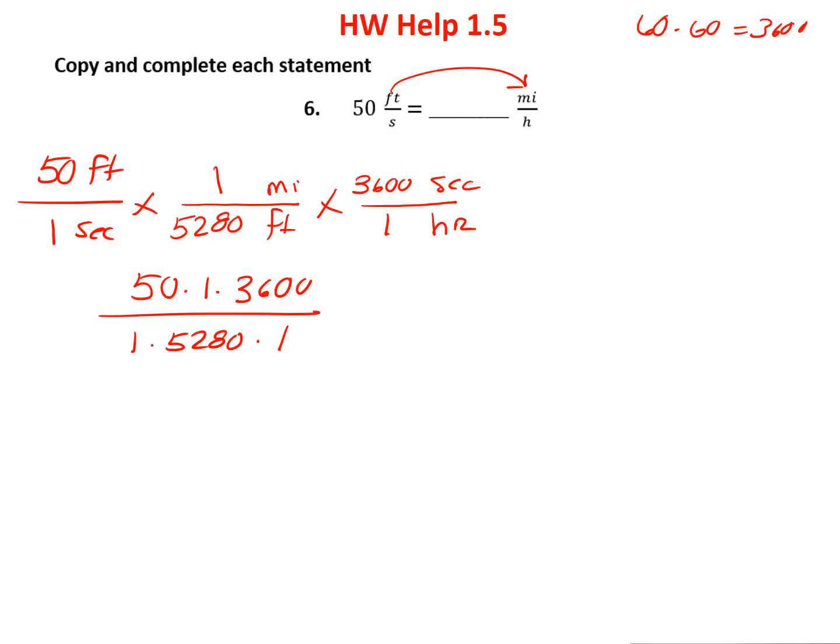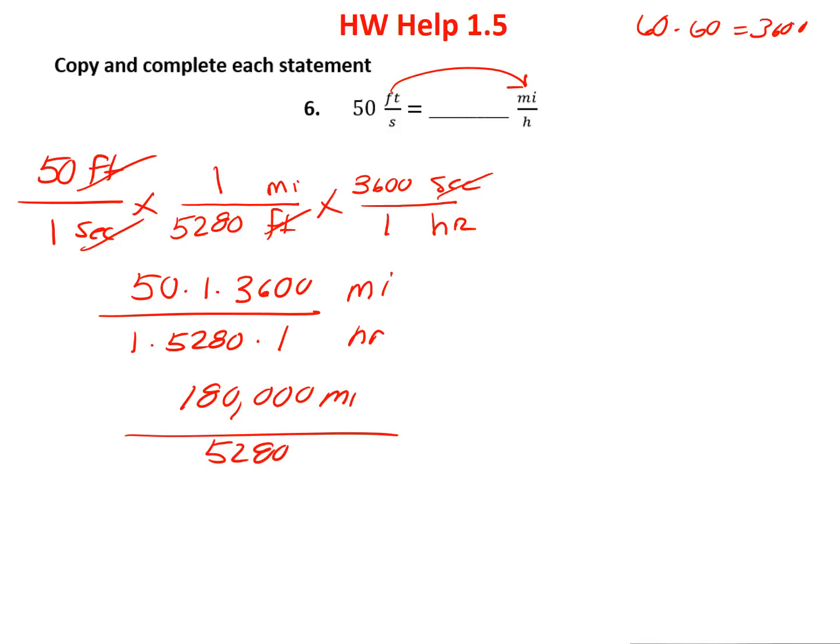Then when I look at my dimensions, the feet cancel out, the seconds cancel out, and I have miles per hour. So let's do a little arithmetic here. 50 times 3,600 is 180,000 miles divided by 5,280 hours.